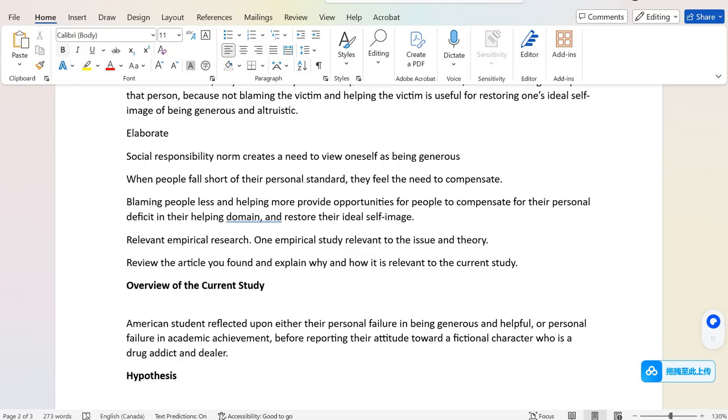Before reporting the attitude toward a fictional character who is a drug dealer and addict, and their willingness to help him versus punish him.